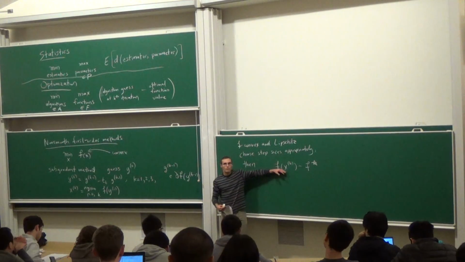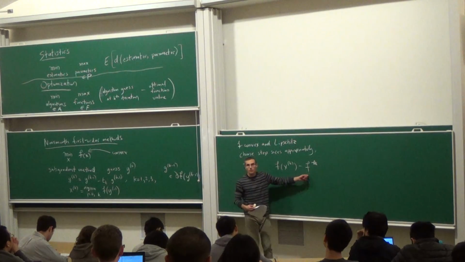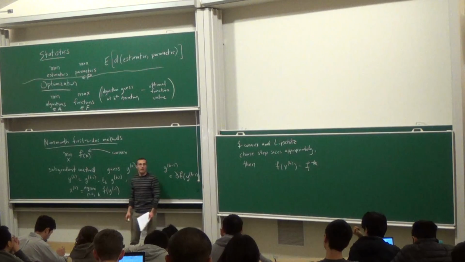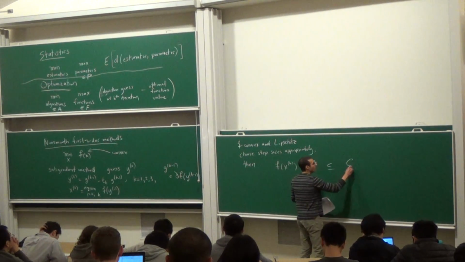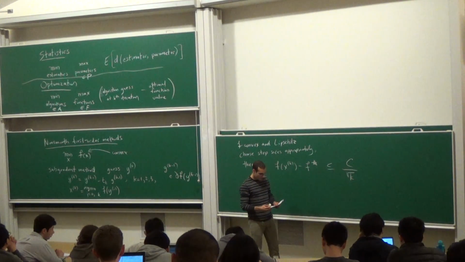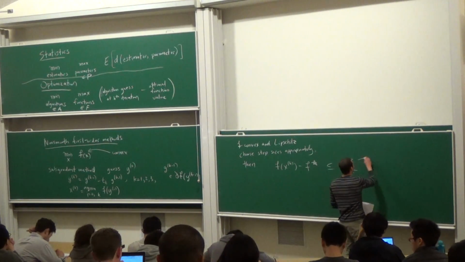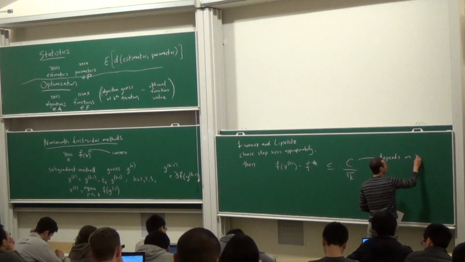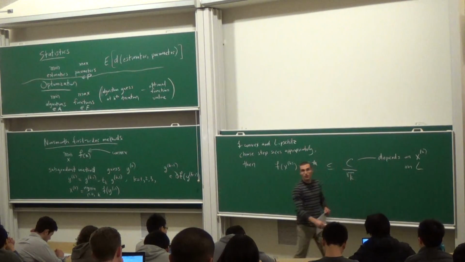The function value at my k-th iterate, minus the optimal function value, which is the minimum of f over all x, the point f star, is bounded by a constant over the square root of k. Where this constant depends on where we started, x0, and also on L, which is the Lipschitz constant of the function.